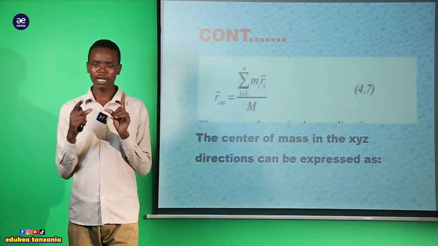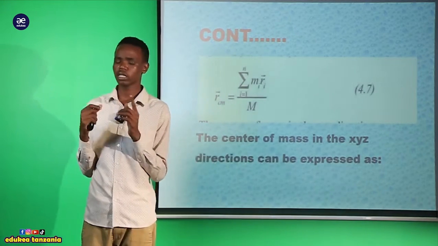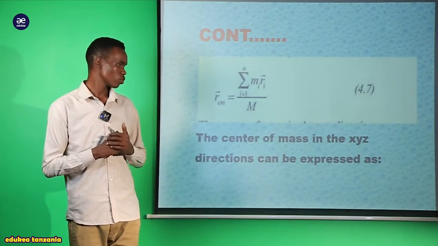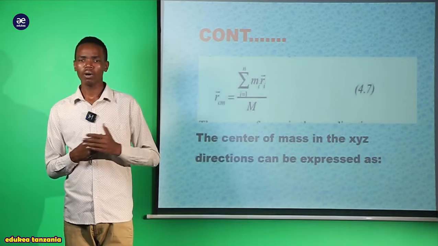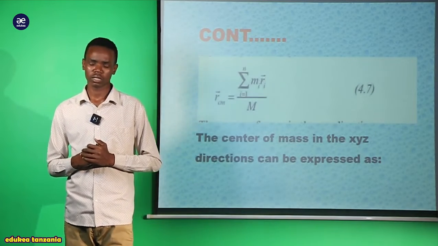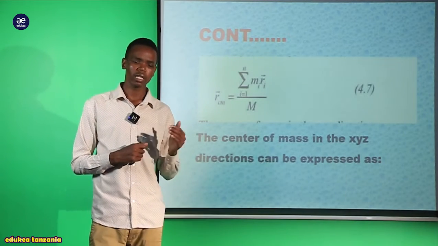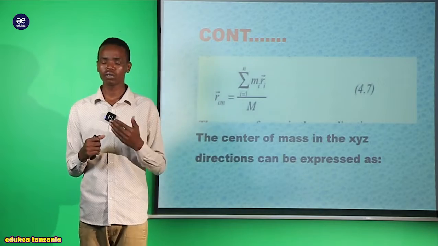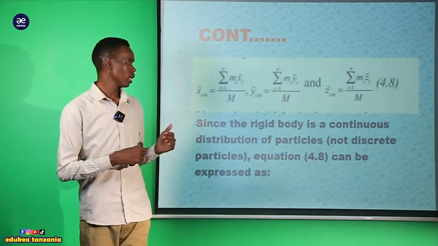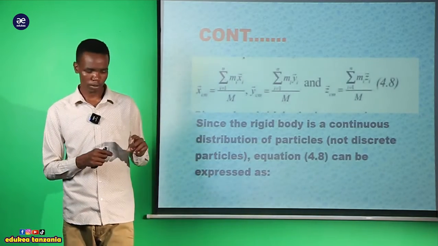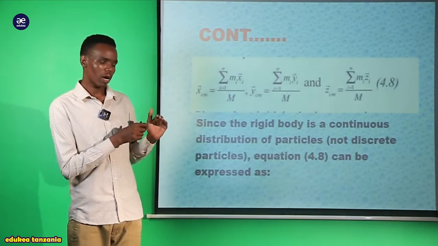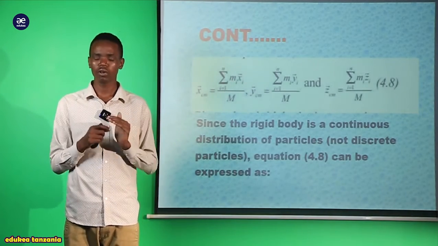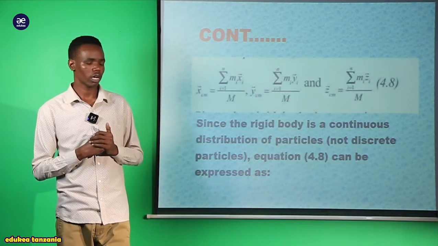Imagine we have the xyz directions, and we want to express the center of mass vector. How can we express it, my dear students? The center of mass along xyz must be expressed in terms of this. It means we should start with each coordinate: the x coordinate, the y coordinate, and also the z coordinate.